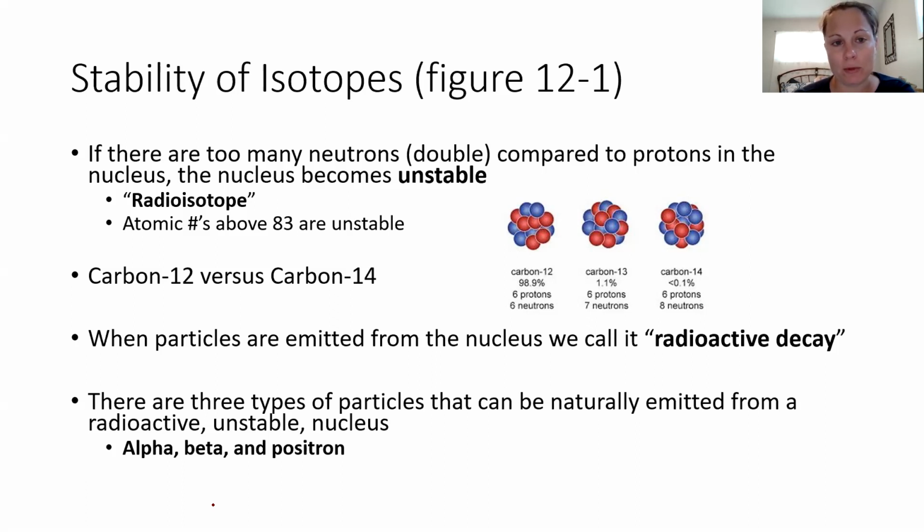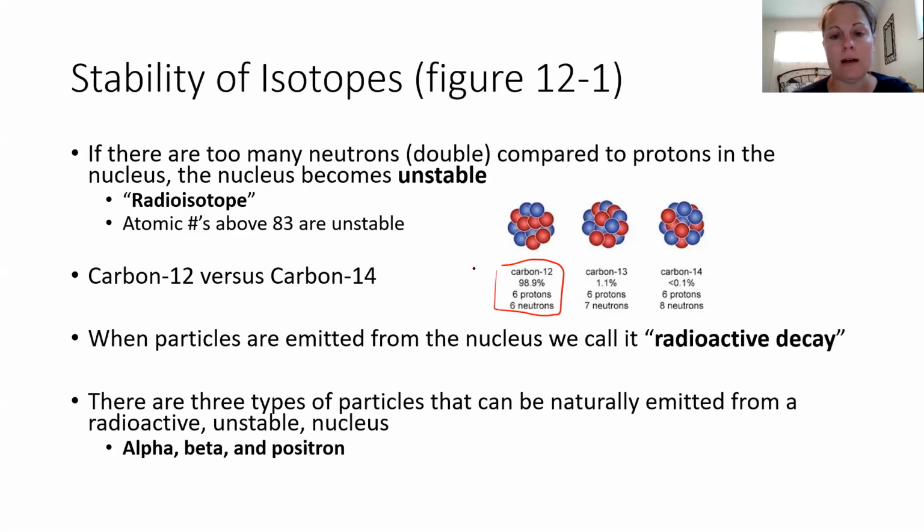If it is unstable, we call it a radioisotope. And typically anything with an atomic number above 83 is going to end up unstable, because if it has 83 protons, chances are it has more than double the amount of neutrons compared to protons. So if we look at the isotopes of carbon, carbon 12 has the same number of protons as neutrons, 6 and 6.